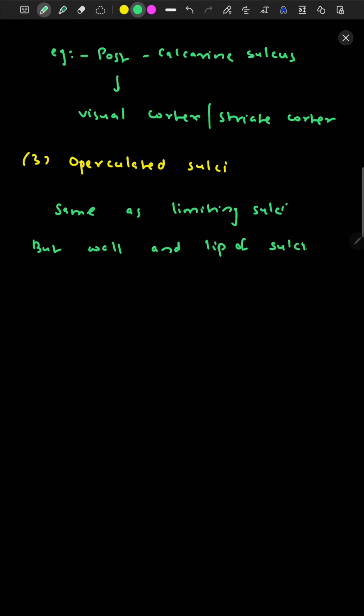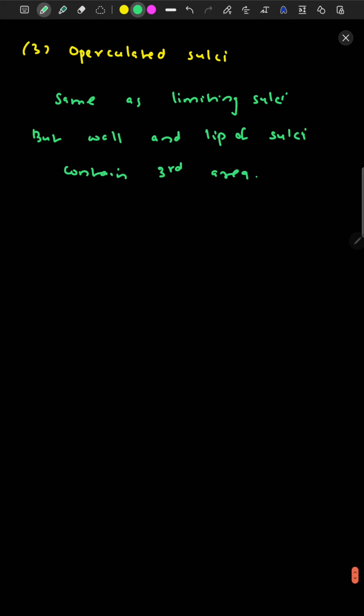I will give you an example. There is a sulcus which is dividing area number 17 and area number 18, and it has a third area, which is area number 18.